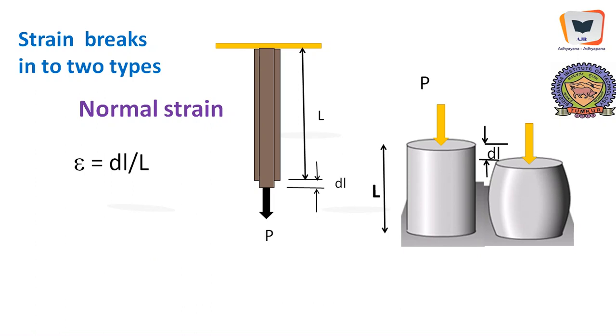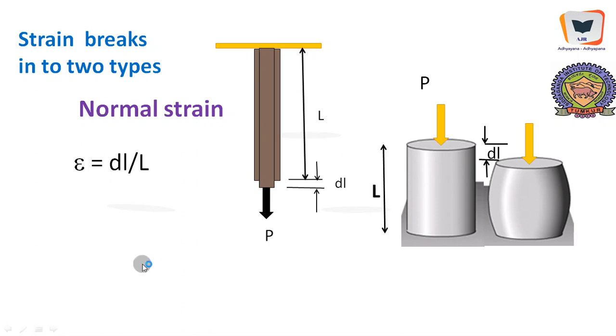But in order to create such a meek strain, it requires an enormous amount of stress. For example, if steel is subjected to a small strain of, let us say, 0.5, and it is mild steel, by that time it would have taken around 320 Newton per millimeter square of stress.